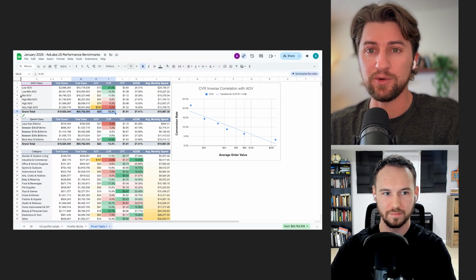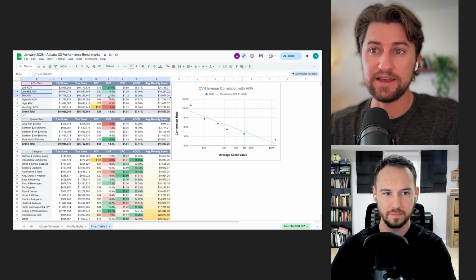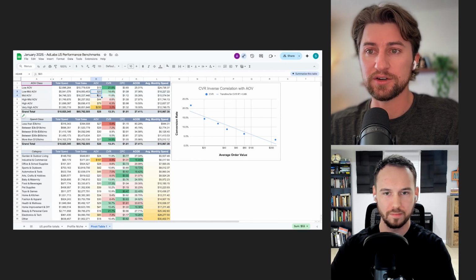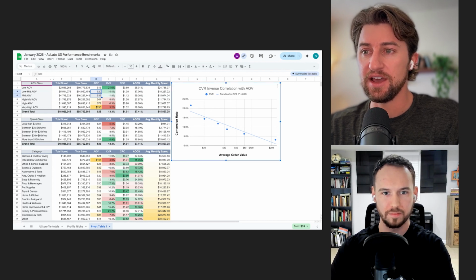If you look at where most of the spend is going, most of it is going to these low mid AOV and mid AOV cohorts. In those cases, yes, 10 to 15% would be the average if your product is around $20 to $32. But we love scatter plots for tracking correlations, and this is a scatter plot showing the average order value compared to the conversion rate.